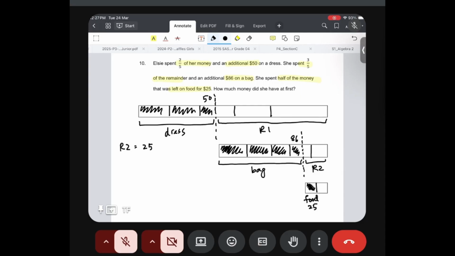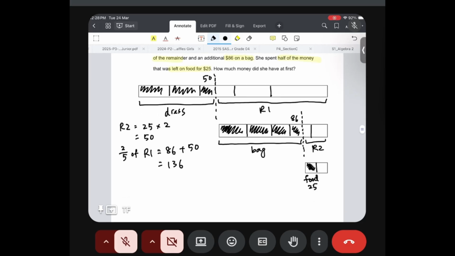Starting from the end, if half of R2 is $25, then the full R2 must be 25 times 2, which is $50. Now, let's look at our second bar. We know R2 is $50. If we add the $86 back to it, we get $136. This amount represents 2 units of R1.